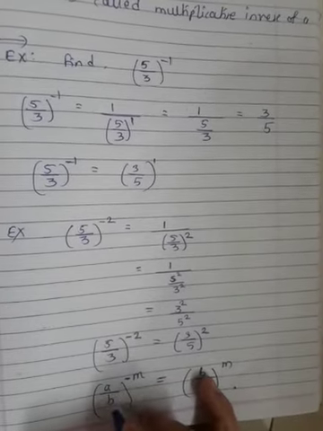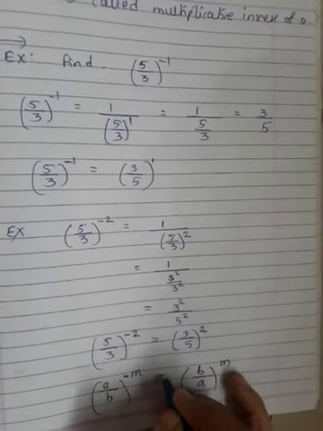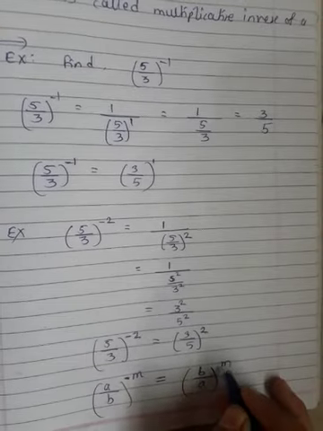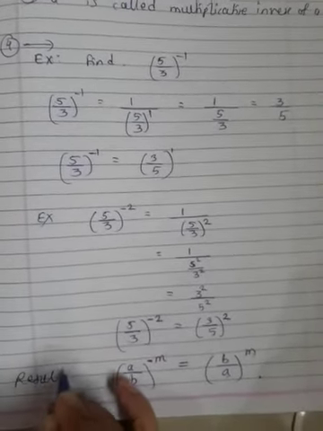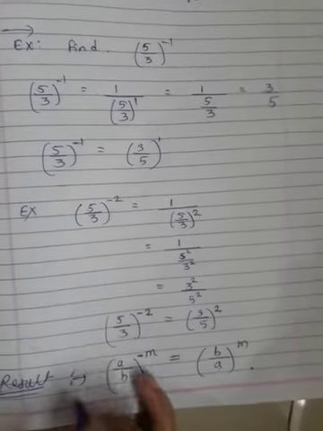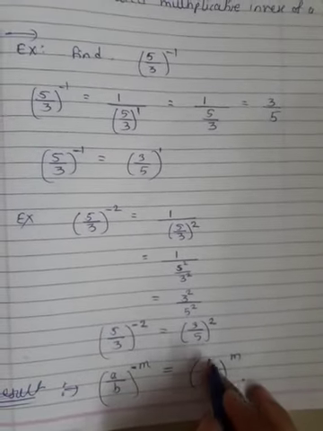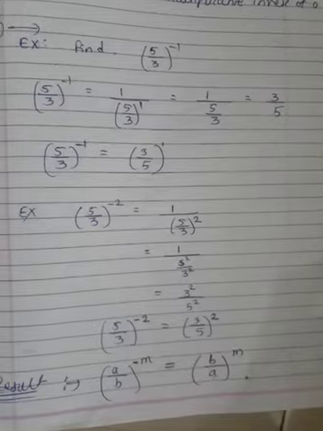So A upon B raised to minus m is nothing but B upon A raised to m. This is the fourth result.